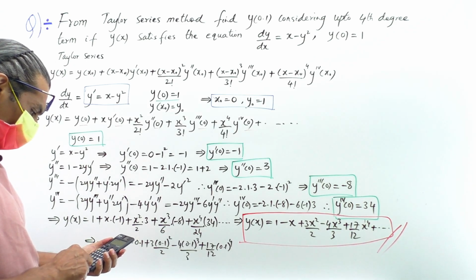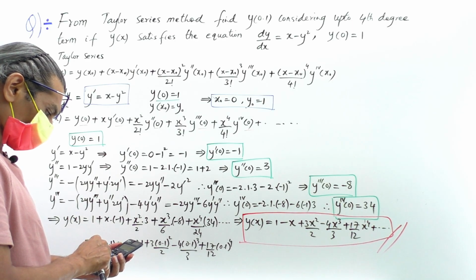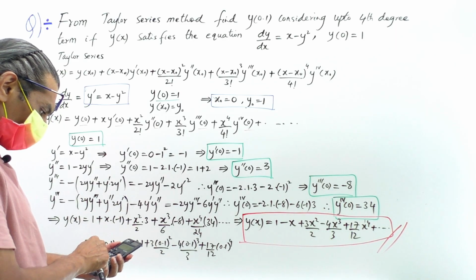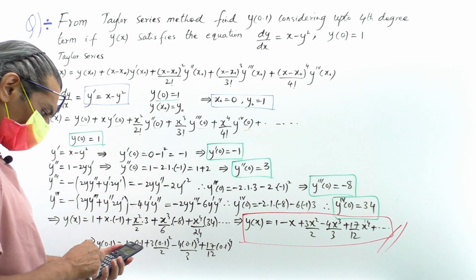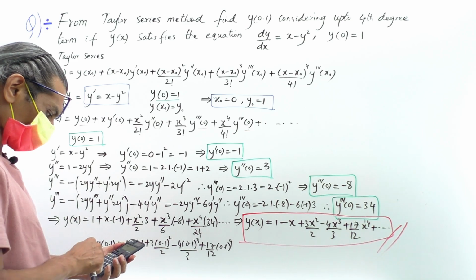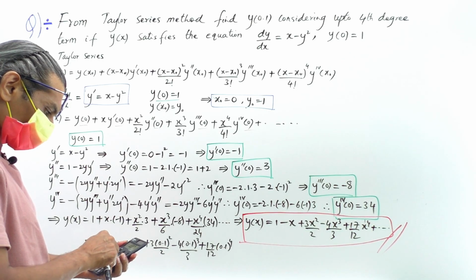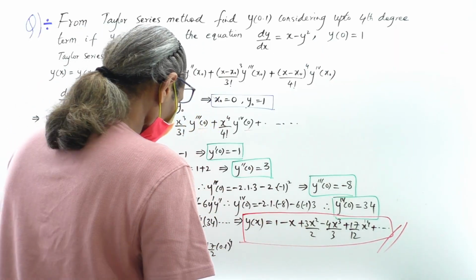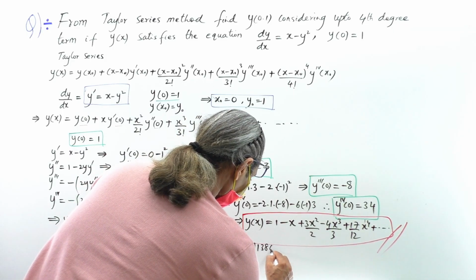1 minus 0.1 plus the fraction 3 into 0.1 square over 2, again minus the fraction 4 into 0.1 whole raised to cube over 3, lastly plus 17 into 0.1 whole raised to 4 over 12 is equal to, so we are getting the answer as 0.9138083.